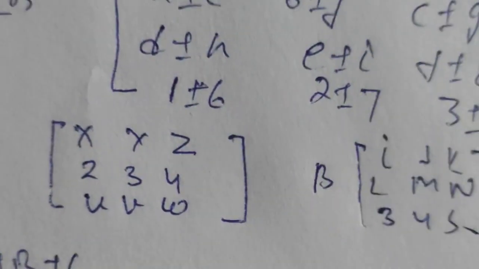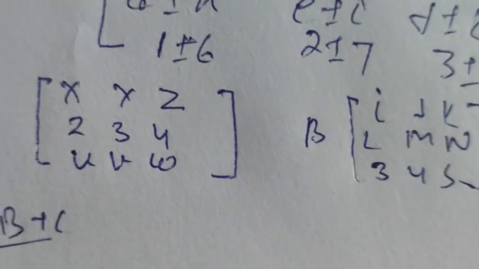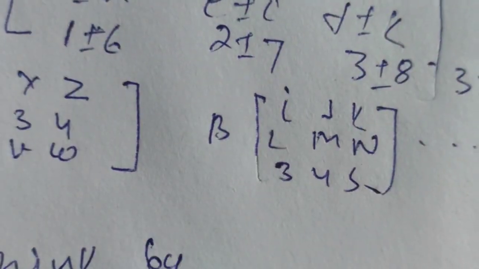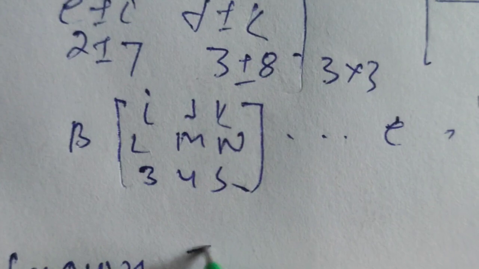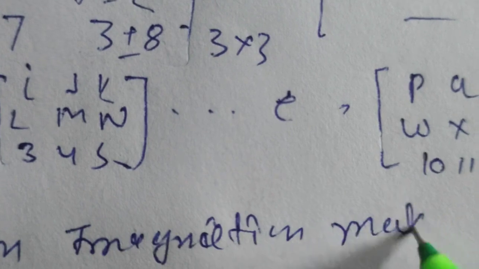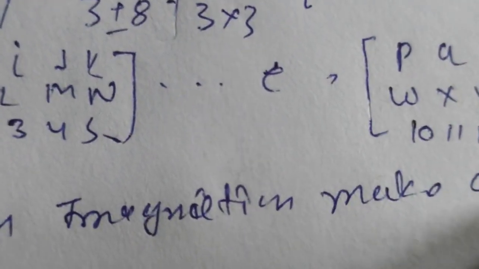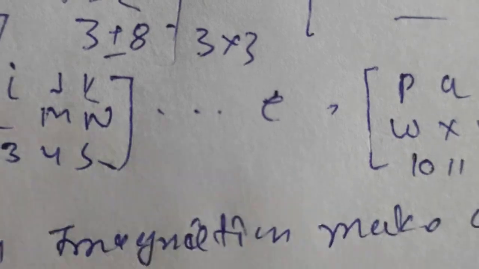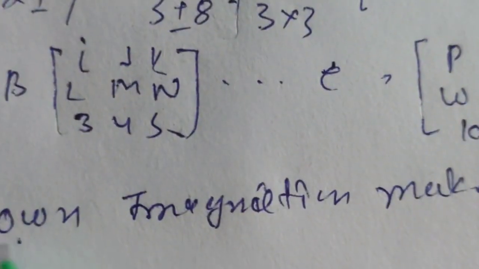This is example question number 1, and question number 2 is to think by your own imagination and make a question. I gave you this one, and this is your question.